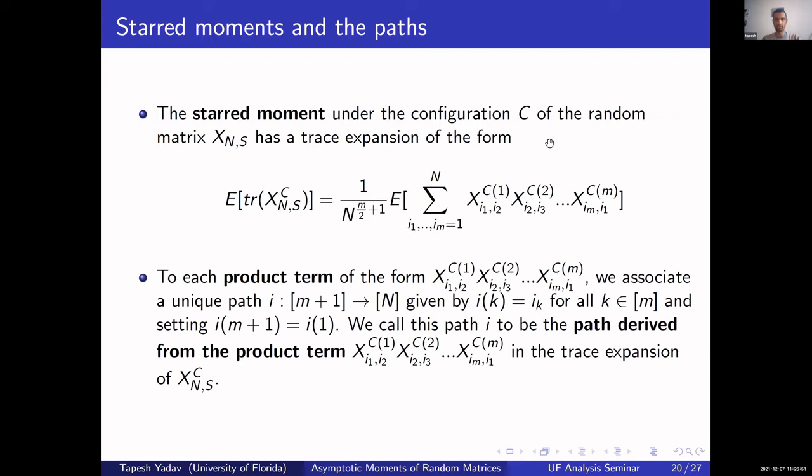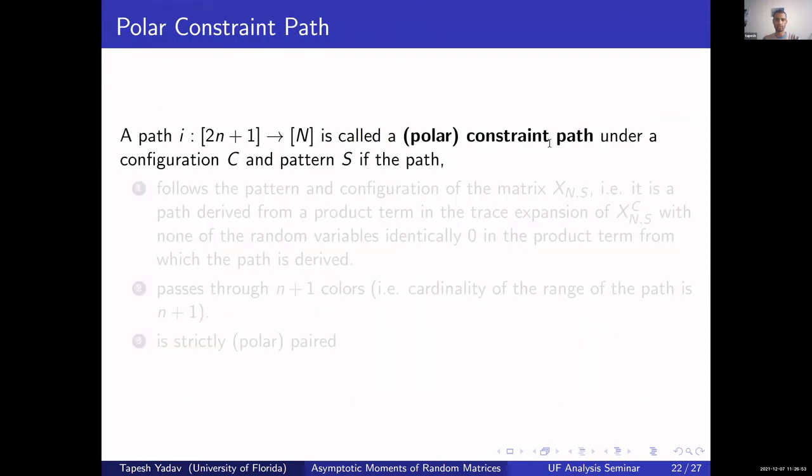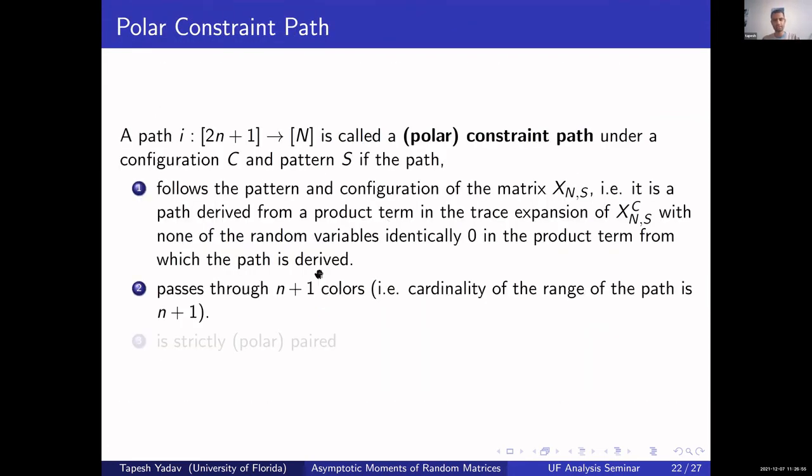That's my first condition on polar constraint paths. The second condition is that these paths should pass through n+1 colors, which means the cardinality of the range of the path is n+1. And the third condition is that the paths should be strictly polar paired, as we defined in the previous slide. If all three conditions are satisfied, we call such a path a polar constraint path.